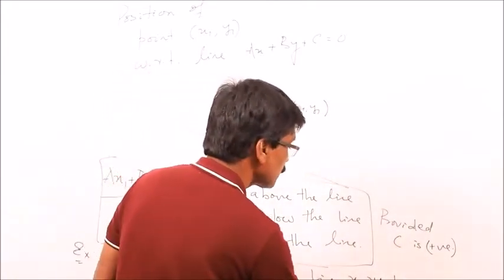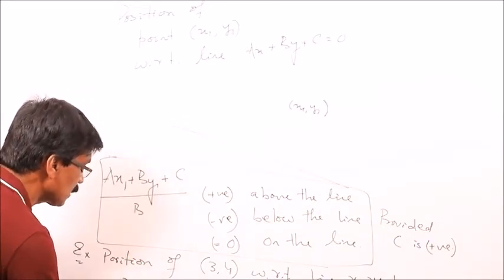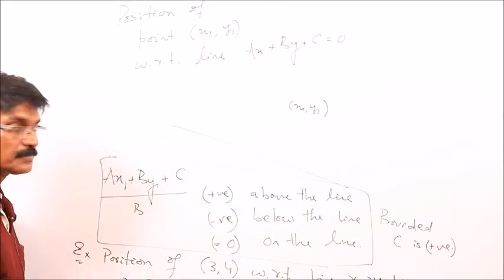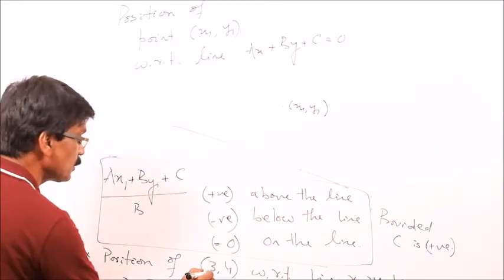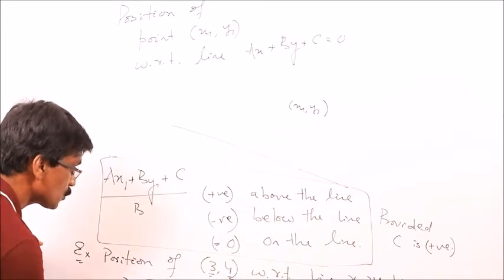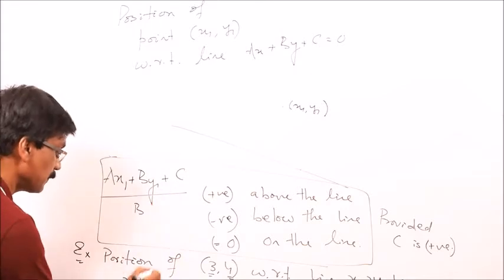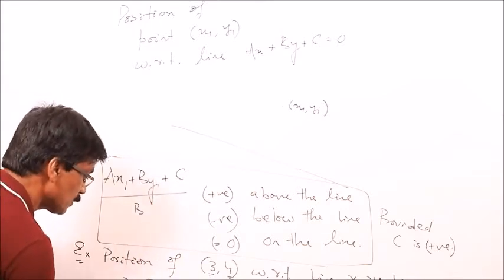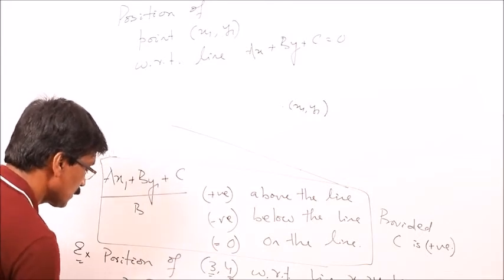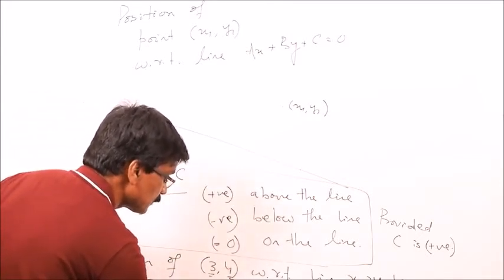So, first of all, making C positive, multiply by minus on both sides, that is minus x plus 2y plus 4 is equal to 0. So, here we put 3 4, that is minus 3 plus 2 into 4 plus 4 divided by b, that is 2, which is equal to 12 minus 3, 9 by 2, which is positive.